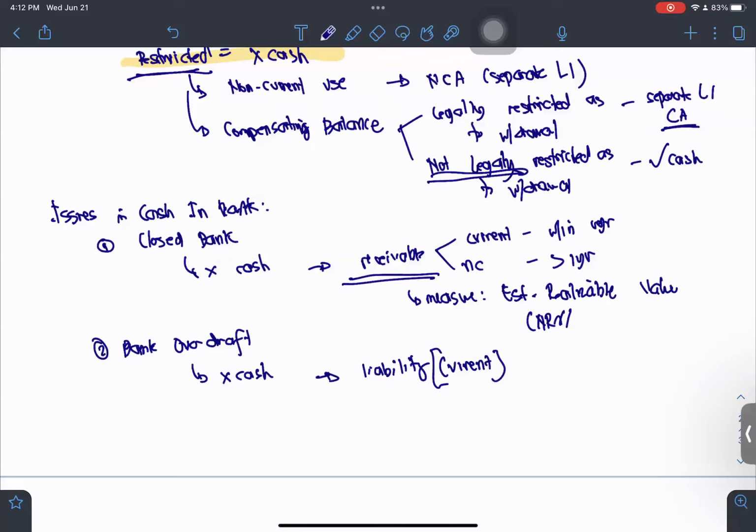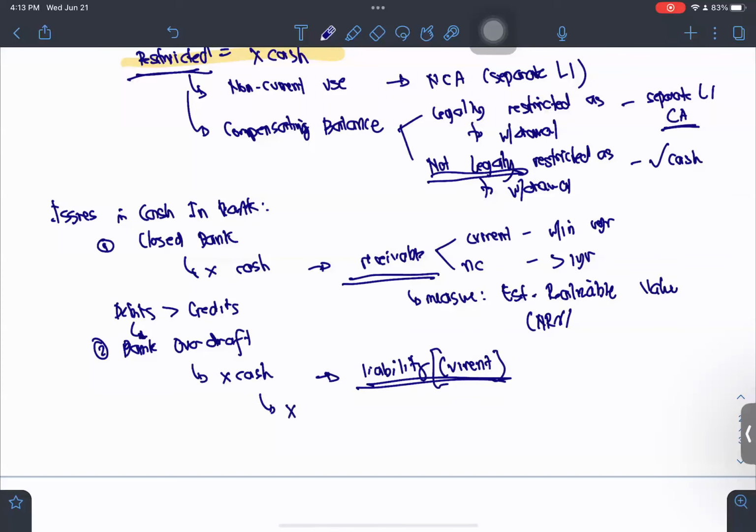We say that there is a bank overdraft if the amount of your debits in your cash in bank is greater than your credits. If the debits in your bank is greater than your credits, then you have a bank overdraft. As a rule, again, it is considered as a liability presented as current.